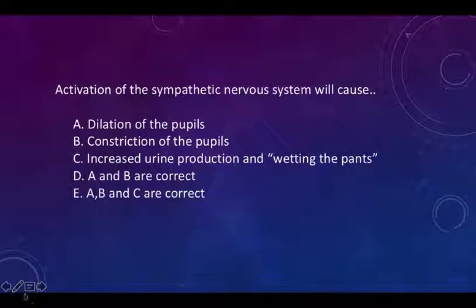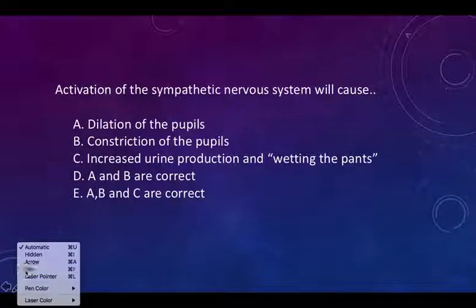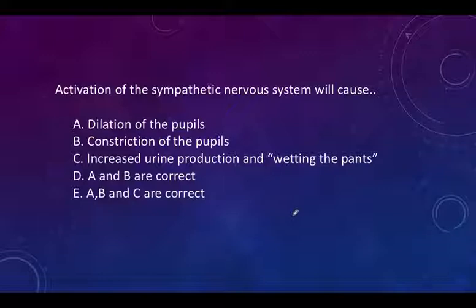Okay, let's do some questions. Activation of the sympathetic nervous system will cause. So before we even look at the answers, right? Fight or flight, right? They always say there's a big tiger chasing you, or a big lion, or something like that. Will cause dilation of the pupils. Okay, so I know that's right so far.